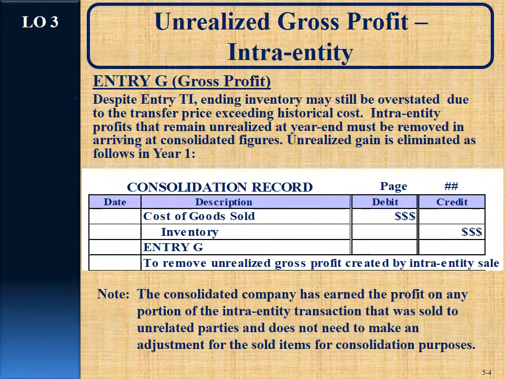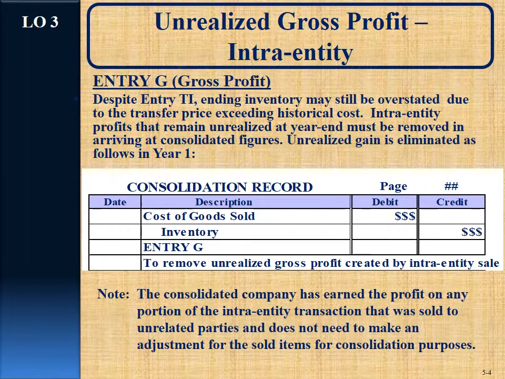So journal entry TI solves this. That's down at the bottom of the page on 201, you'll see. They're going to debit cost of goods sold, increase cost of goods sold, $30,000, if all the inventory has not been sold yet by the subsidiary, and credit inventory $30,000, because gross profit would be overstated and inventory would be overstated.